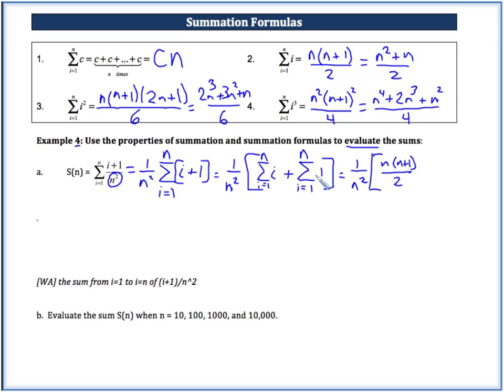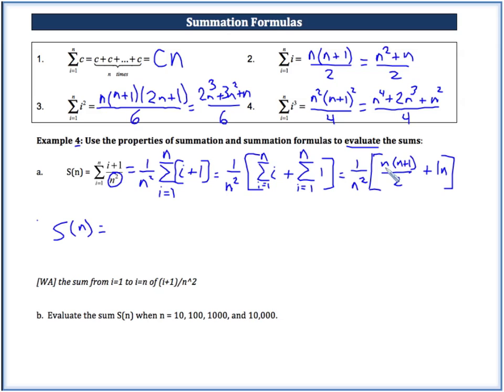Okay, 1 is just a constant. So now we're looking at our first formula right here. It's going to be c times n, or the constant times n. So in this case, it's just going to be 1 times n. Okay, so now what we've done is we've replaced all of our sums, and now all we have is n's. And so let's go ahead and clean this up a little bit to find what S of n equals.